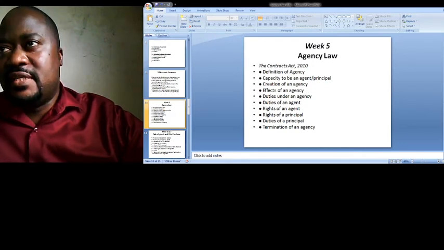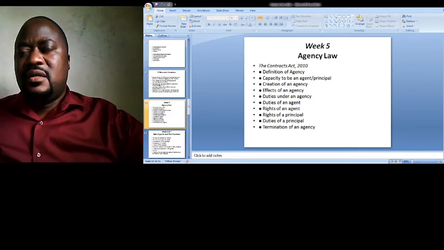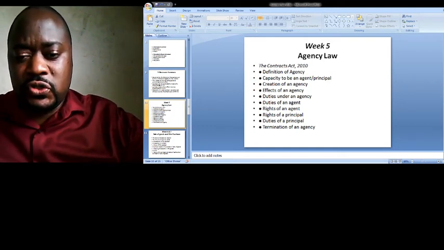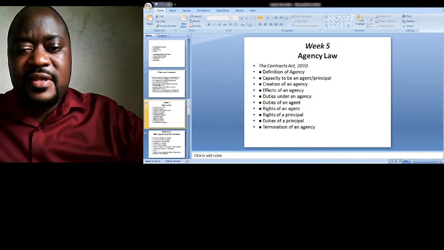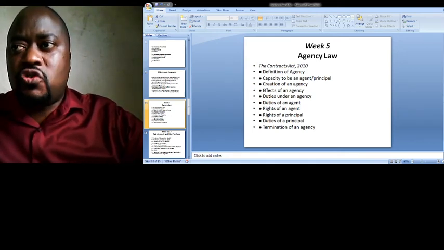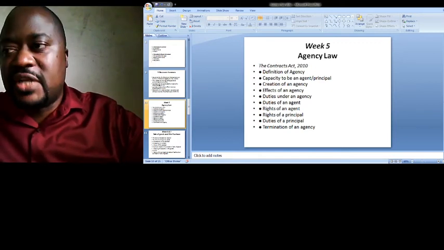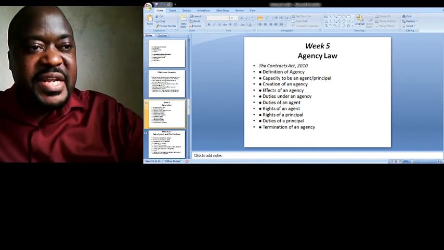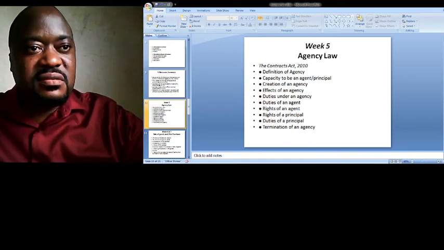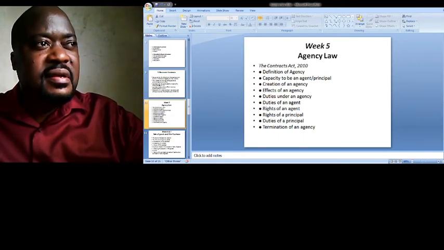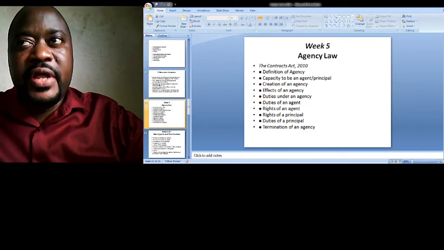Before I divulge more into the law of agency, it's important for you to understand that this is the law which most corporations, most big companies use in transaction of their businesses. Companies like banks, insurance companies, telecom companies, they use what we call the law of agency.